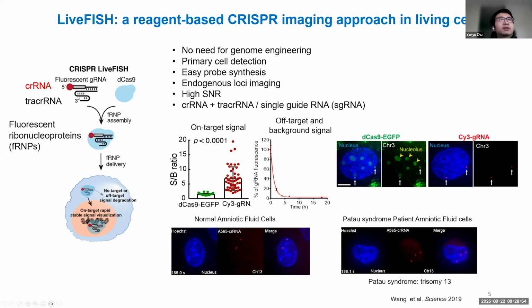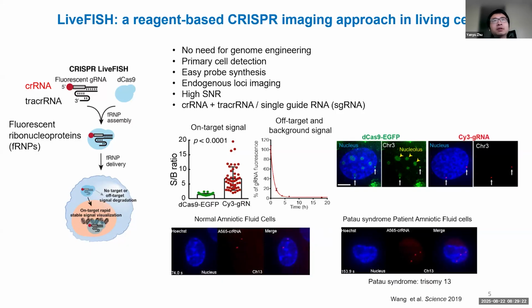We first anneal the CRISPR RNA and the tracer RNA, and assemble them with the dCas9 protein to form what we call FRNP, fluorescent ribonucleoprotein. We can deliver this FRNP into the cell by, for example, electroporation. Once delivered into the cell, we can visualize it under the microscope.